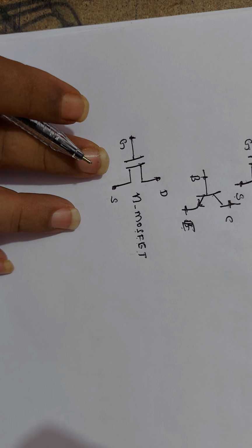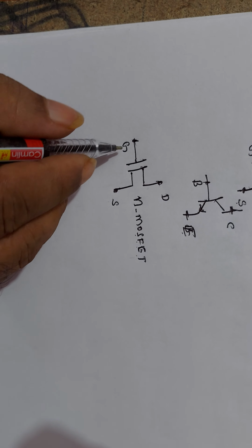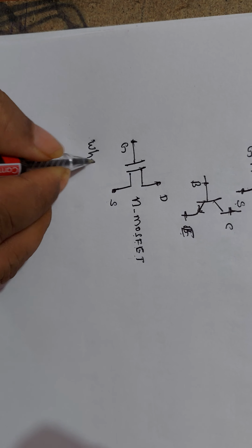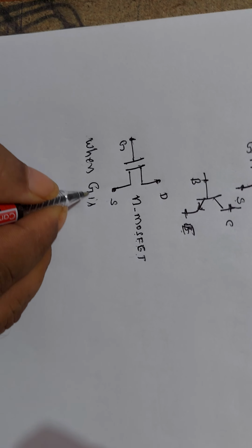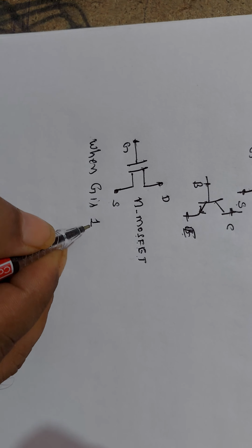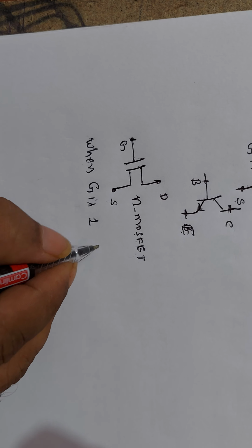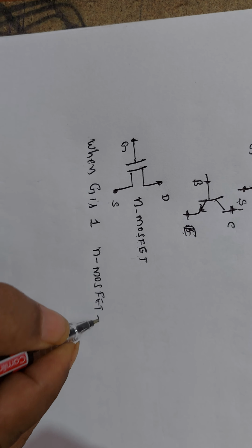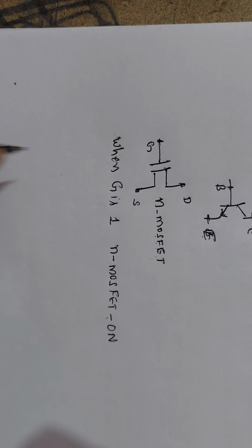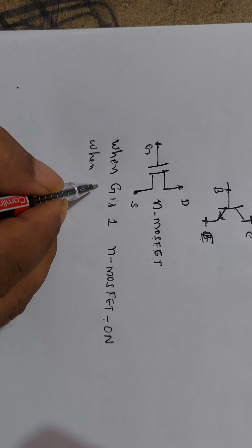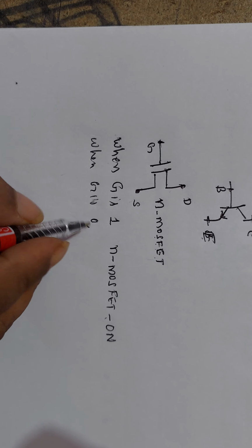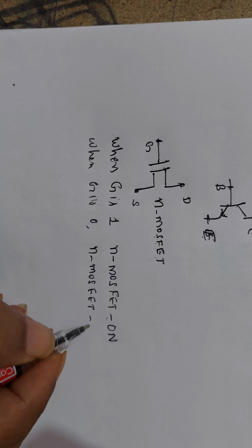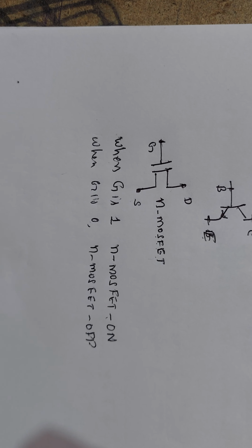This N-channel MOSFET is on when gate is 1. So when gate is 1, this N-MOSFET goes to on. Similarly, when G is 0, logic 0 means negative, this N-channel MOSFET goes to off. You should remember this.